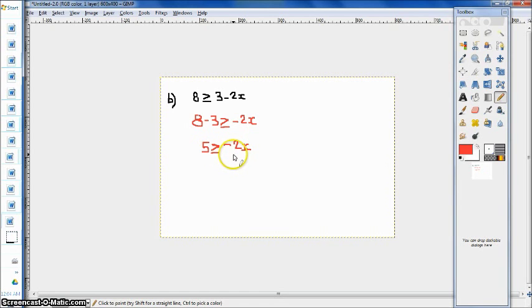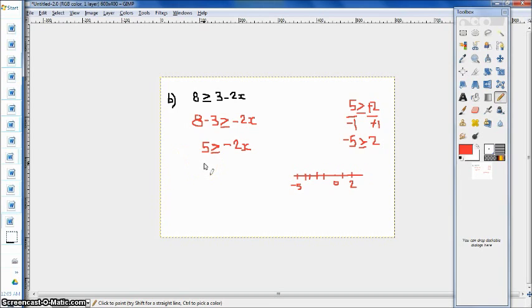Because when I divide both sides by negative 1, let's say 5 is greater than or equal to negative 2, this becomes negative 5 greater than or equal to 2, which is essentially wrong, because if you look at the number line, with 0, then negative 1, 2, 3, 4, 5 going negative, and 1 and 2 on the positive side, you find that negative 5 is less than 2.